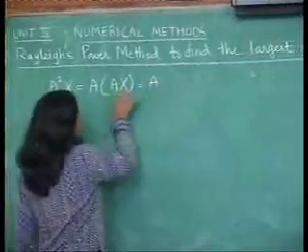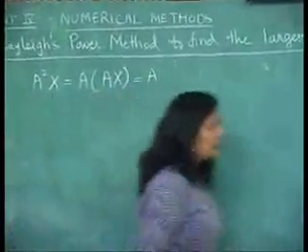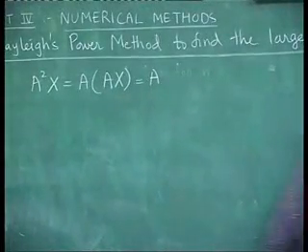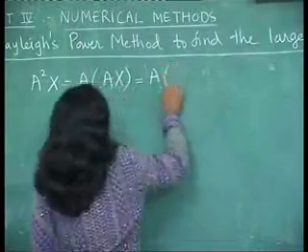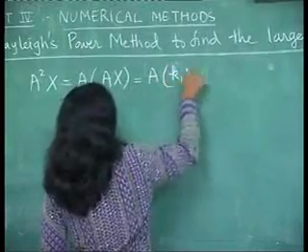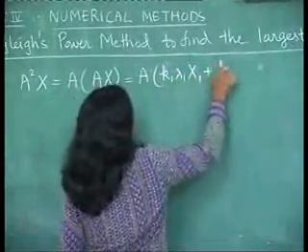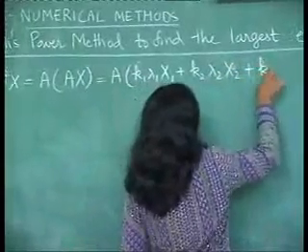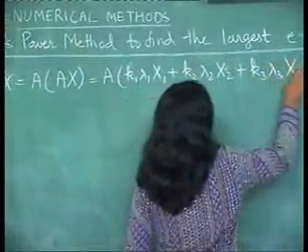And I know what Ax is, I just now calculated it. So let me substitute for Ax. Ax is k1 lambda 1 x1 plus k2 lambda 2 x2 plus k3 lambda 3 x3.